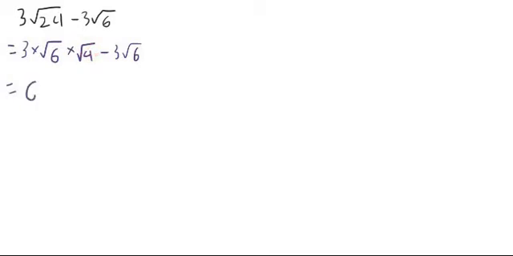So that would be 6 root 6 minus 3 root 6. Now we have the same roots, root 6 and root 6. So we can just do 6 minus 3, which will equal 3 root 6. That is the end of this question.